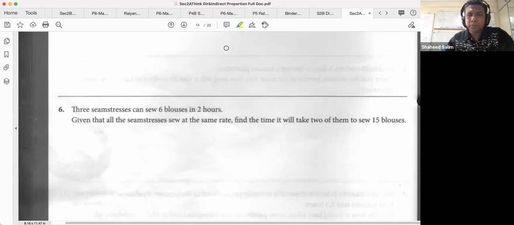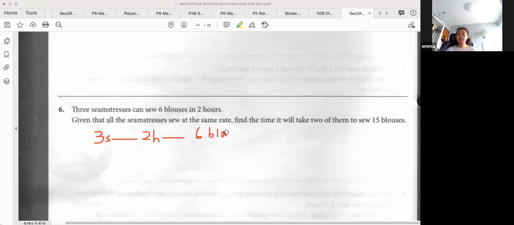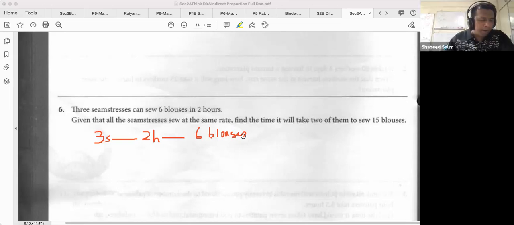We use the first one: 3 seamstresses, 2 hours, 6 blouses. Now we want to change to, let's say, 1 seamstress.